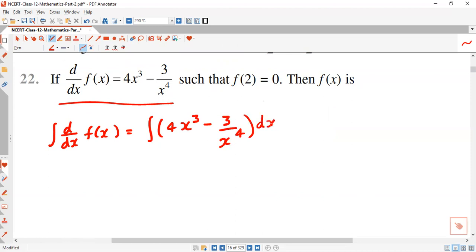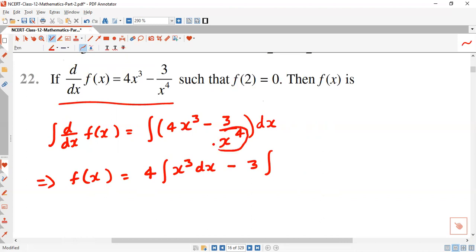Now, integration and differentiation are opposite processes to each other, so they cancel out. So this becomes f(x). Separating the terms, we get 4 times the integral of x cube dx minus 3 times the integral of x raised to minus 4 dx, taking x raised to 4 to the numerator.